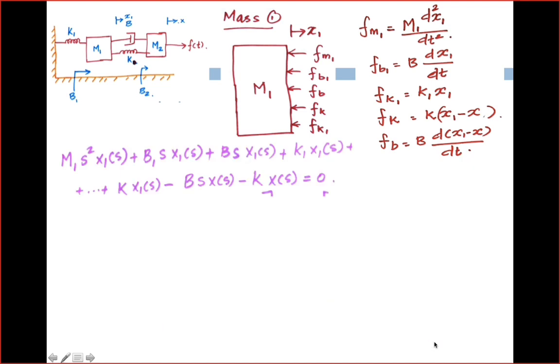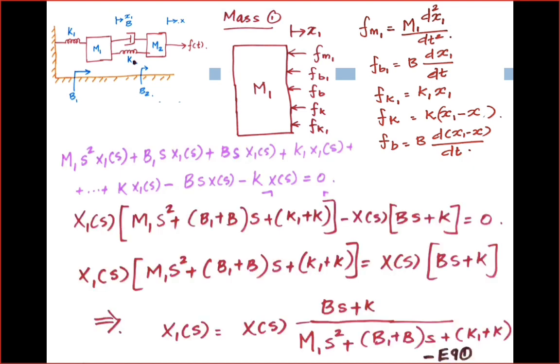Then I took X1 of s outside and X of s outside, and wrote the equation.